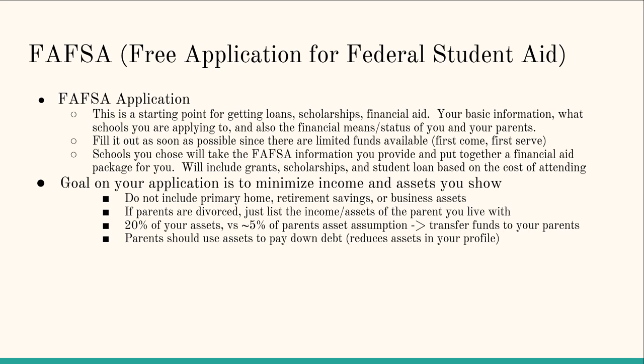Instead of having to report that $50,000 in your FAFSA as an asset, you can just take the $50,000 and pay off $50,000 of debt, if that is okay with your overall financial planning situation as the parent. So in that case, you wouldn't have to report that $50,000 worth of assets on the FAFSA, and you still got the benefit of it by paying down that equivalent amount of debt. So, paying down debt could be part of your strategy before filling out the FAFSA.